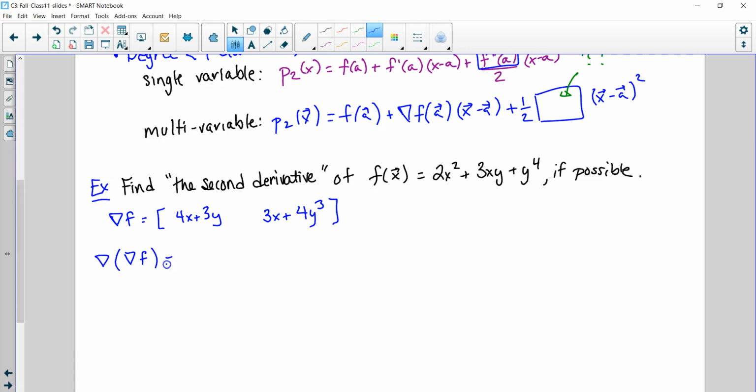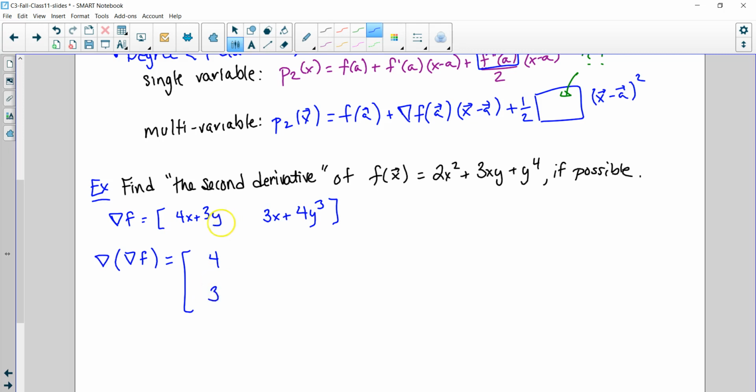Okay, so if I do this, now I need to take the derivative of the gradient, so I'm going to differentiate each one of these with respect to x. Differentiating the first function with respect to x is going to be 4, and then the second one with respect to x is going to be 3.